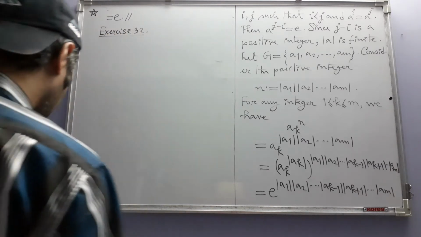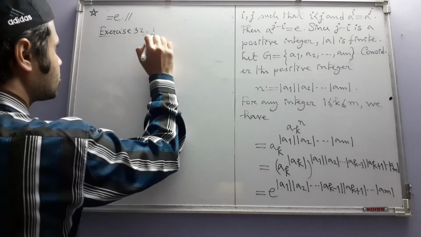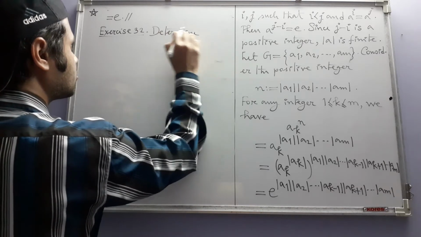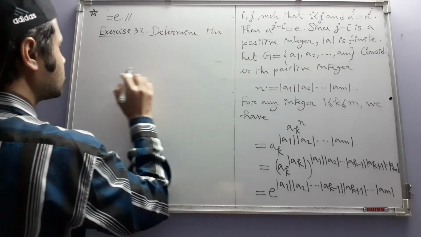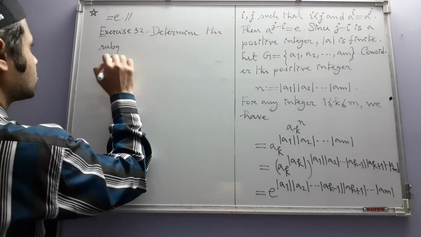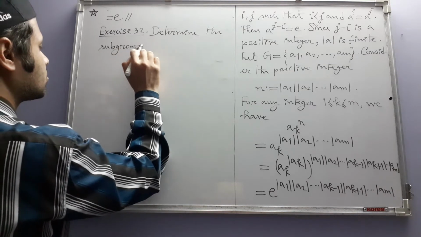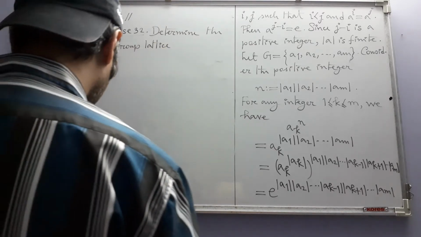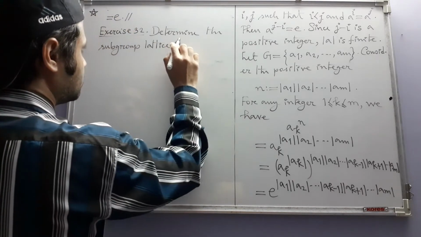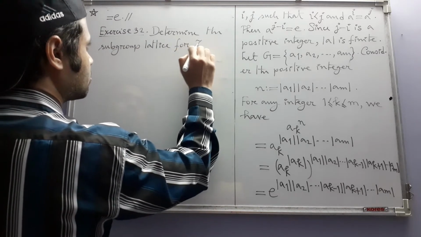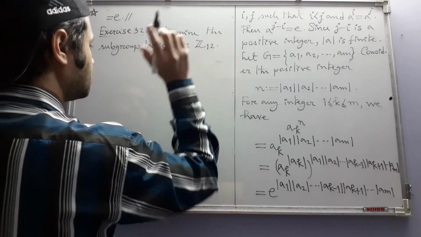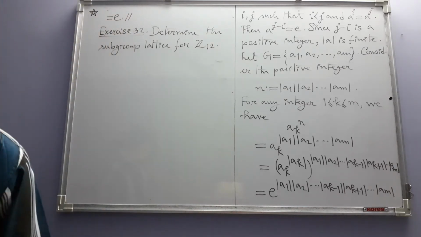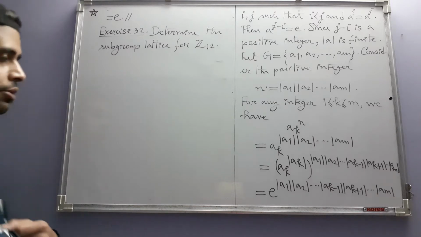Next, exercise 32. Determine the subgroup lattice for Z12.